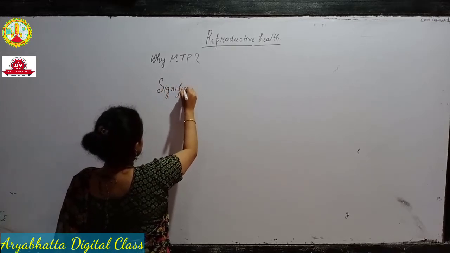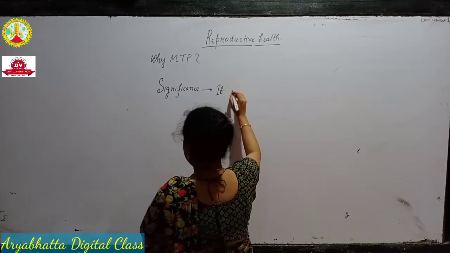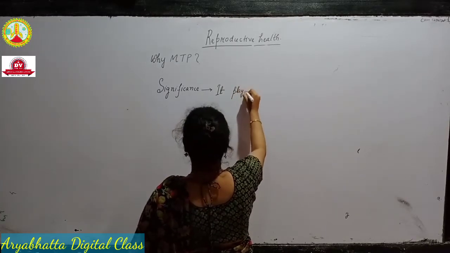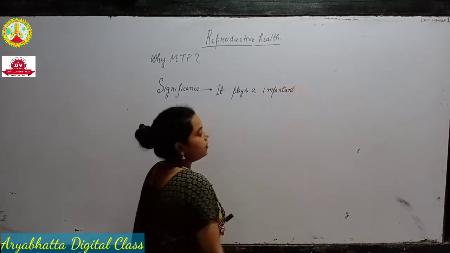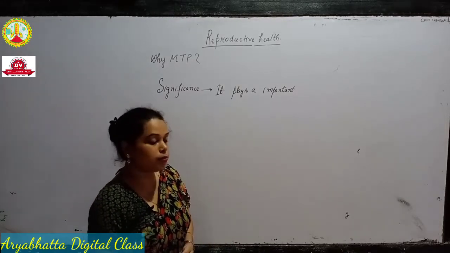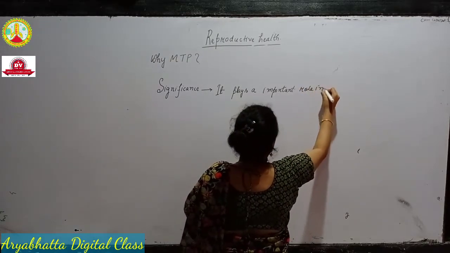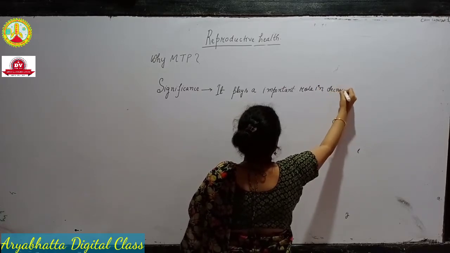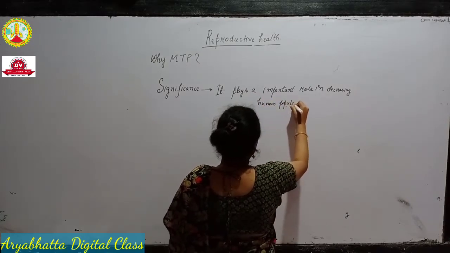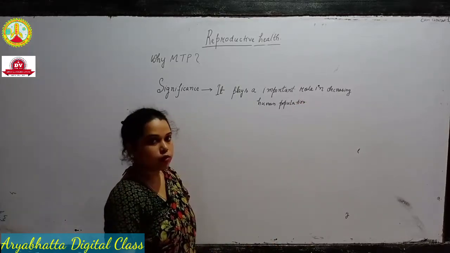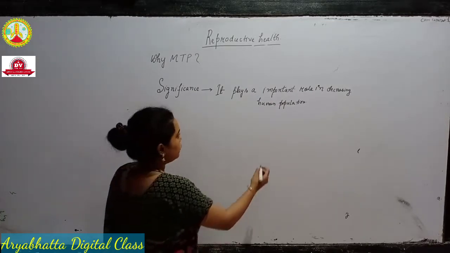It plays an important role, directly or indirectly, in decreasing the human population. Though it's not a birth control method, directly or indirectly it helps in decreasing the human population.